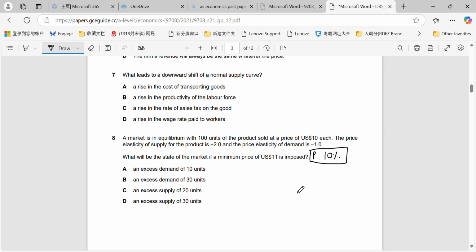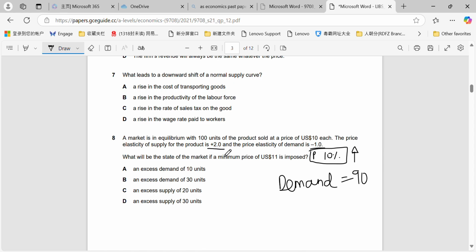Price changes by 10% and it goes up. Because PED is a negative figure here, minus 1.0, that tells us that the demand has to reduce by 10%, right? So the demand reduces by 10% from 100 would leave us with a demand level of 90, right?